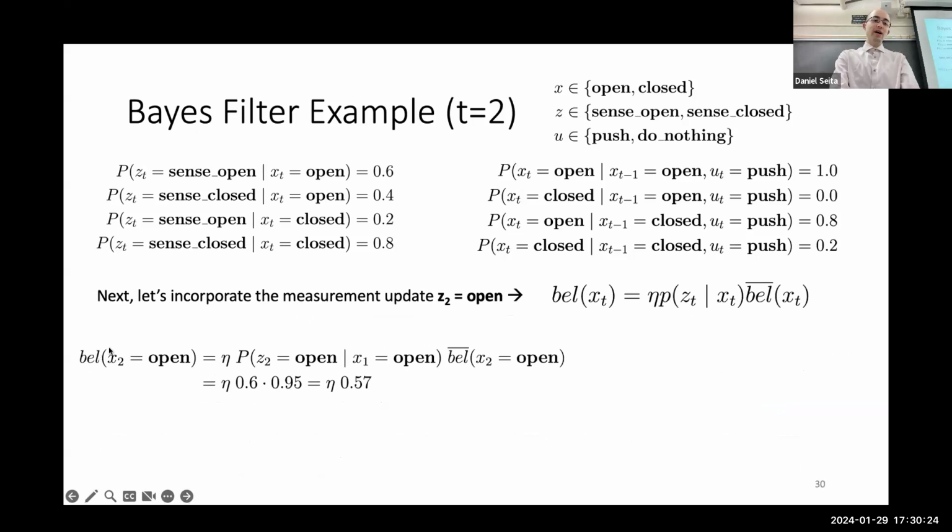So if you do that, you get the belief of x2 is open, which is equal to some normalizing constant, I don't know what the value is, times the probability that x2 is open given that x1 is open, and the belief before taking into account the measurement is x2 is open.